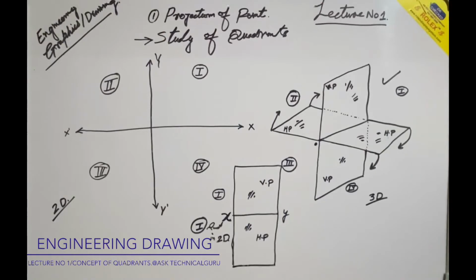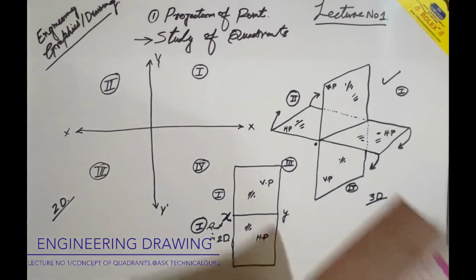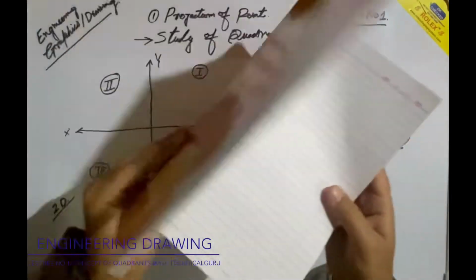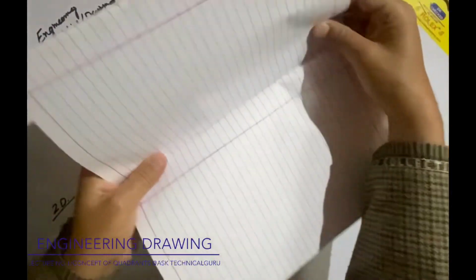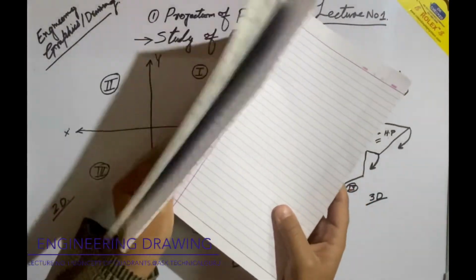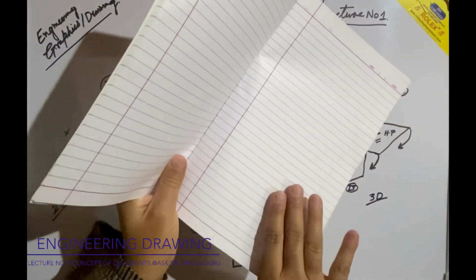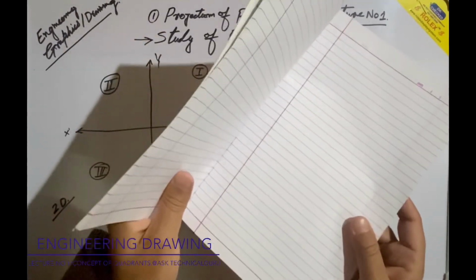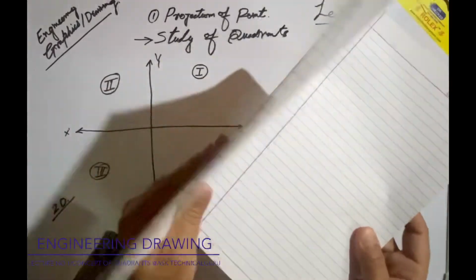We can easily understand this with the help of this notebook. Let's have this notebook like this. This is the first quadrant. In this first quadrant, this is the horizontal plane and this is the vertical plane. Now we have to rotate the horizontal plane like this.